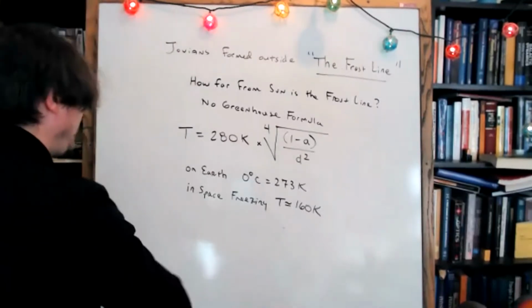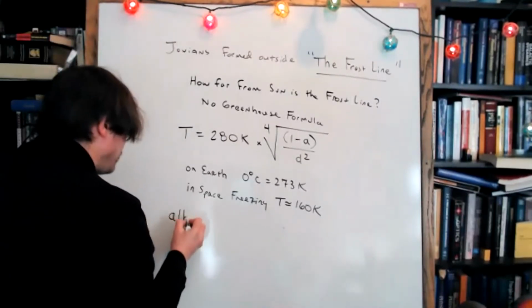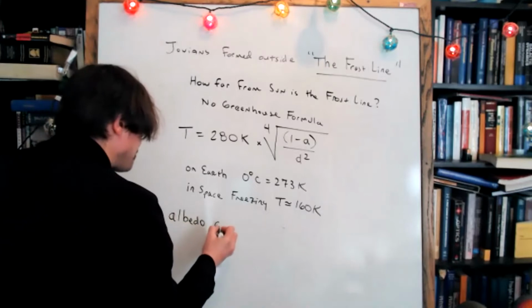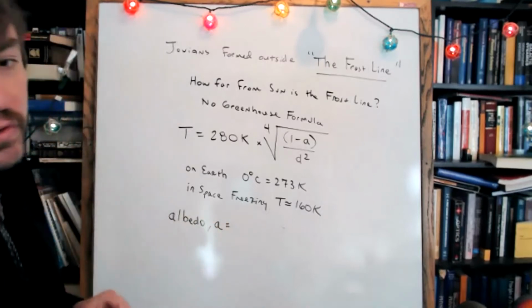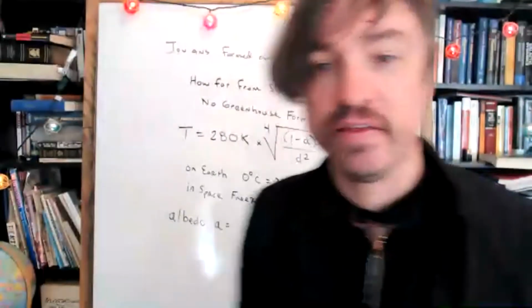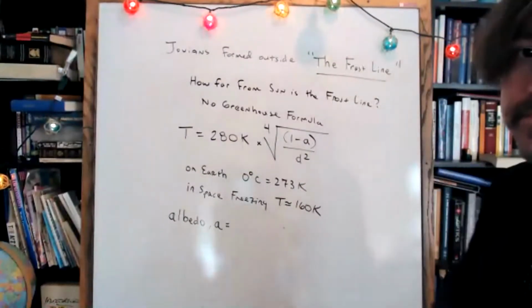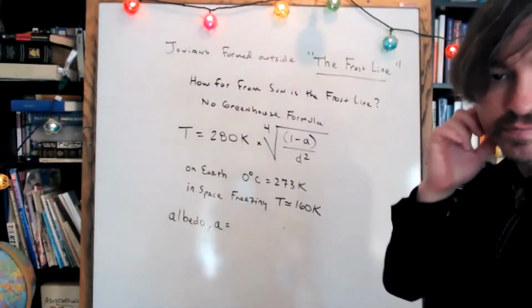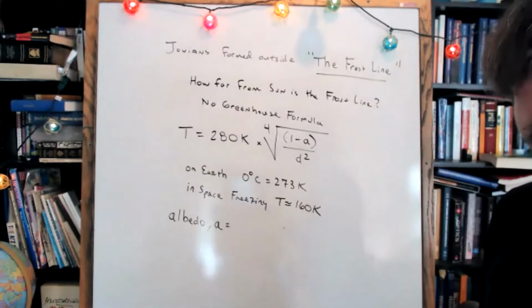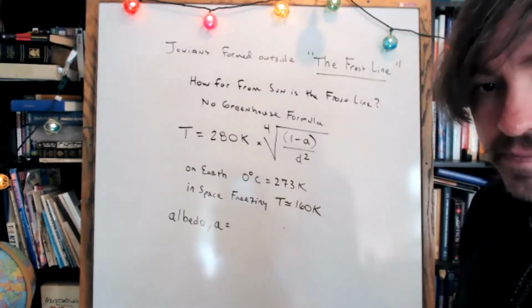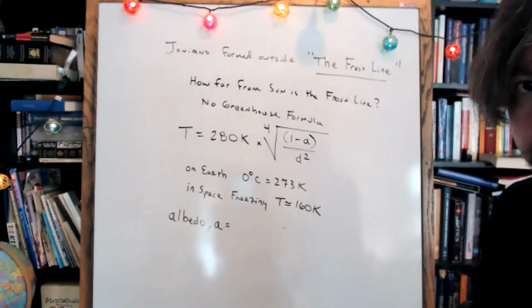What about the albedo? Do you guys remember what the albedo is? We have to consider the albedo of ice. What does albedo mean? Is it how much sunlight is absorbed?